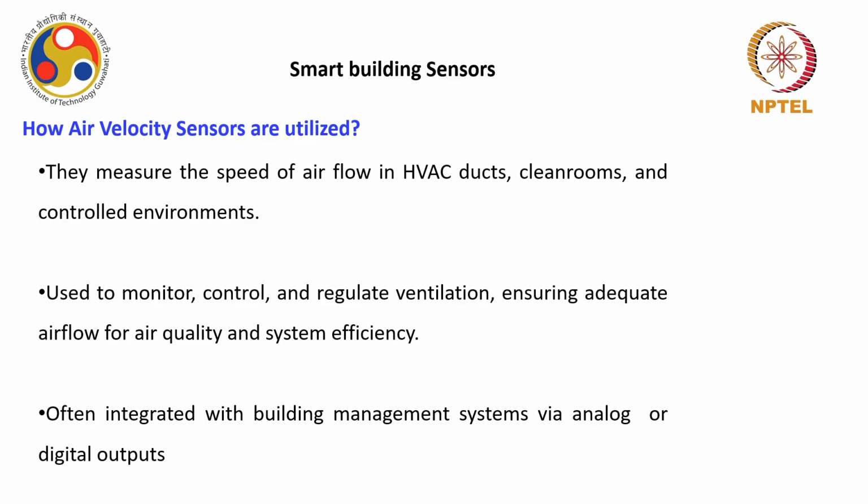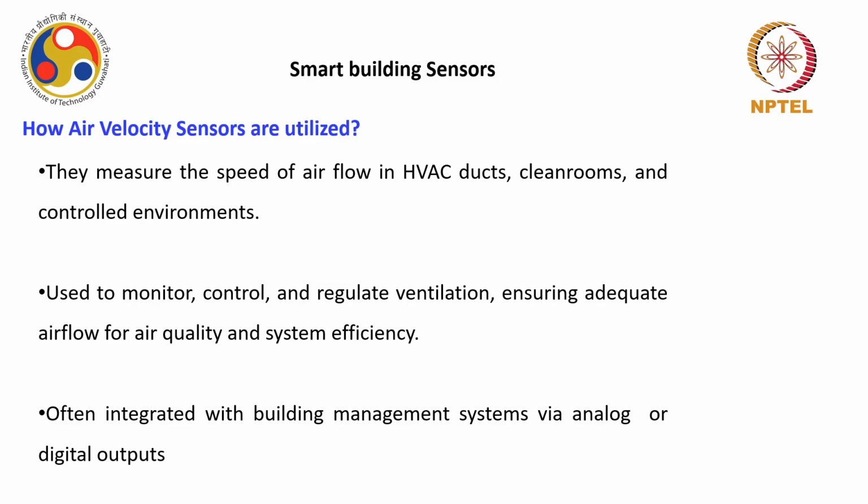So, this air velocity sensor will measure the flow of air as well as its direction and rate, by which it can help us in improving the air circulation in a smart building. Okay. So, let us see how air velocity sensors are utilized.